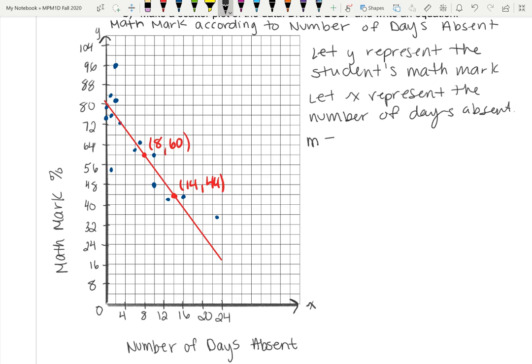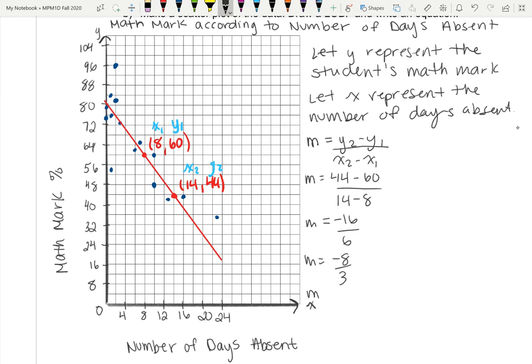So I'm going to start off by finding my slope using the 2 points that I found. Since reading from left to right, this point comes first. This is going to be my x1, y1. This will be my x2, y2. Depending on what points you picked, because like I said, we're not going to have the exact same line of best fit, which means we're not going to have the exact same points, which means we're not going to have the exact same slope.